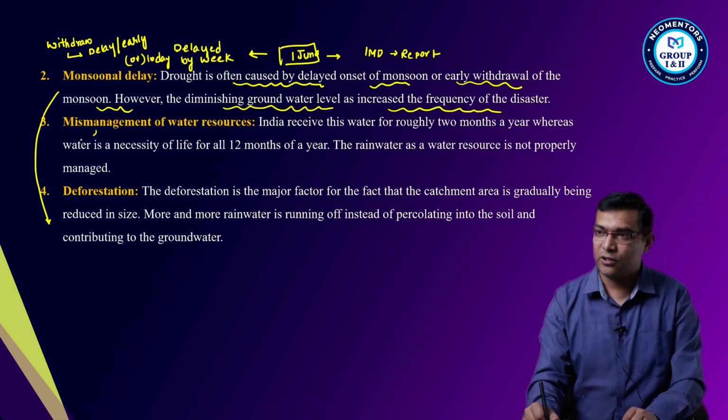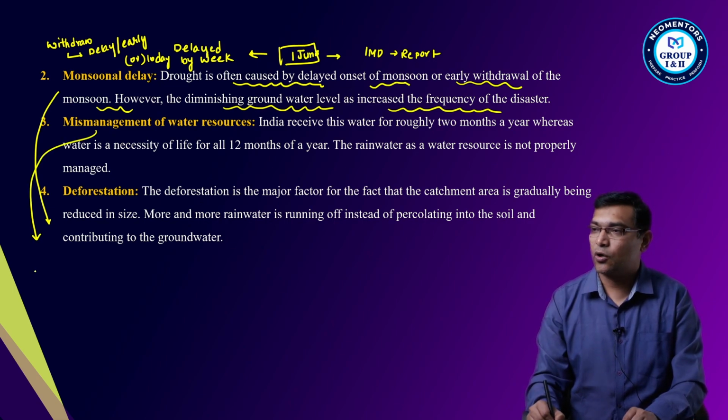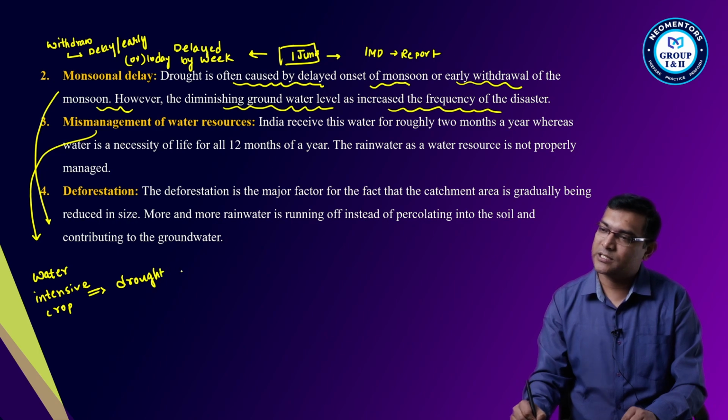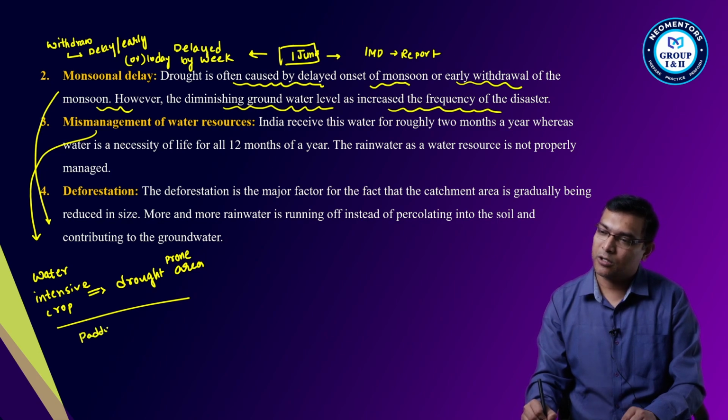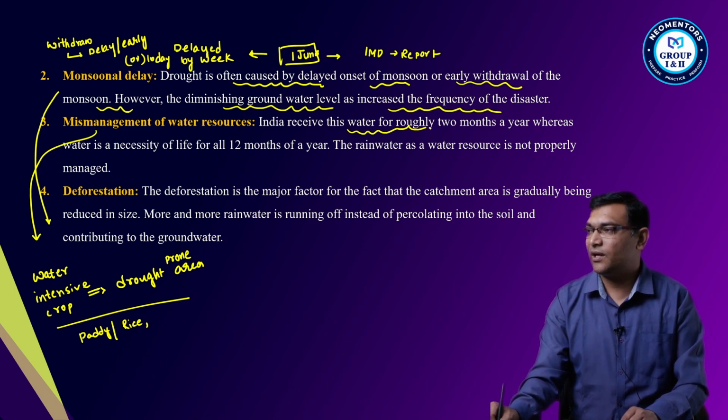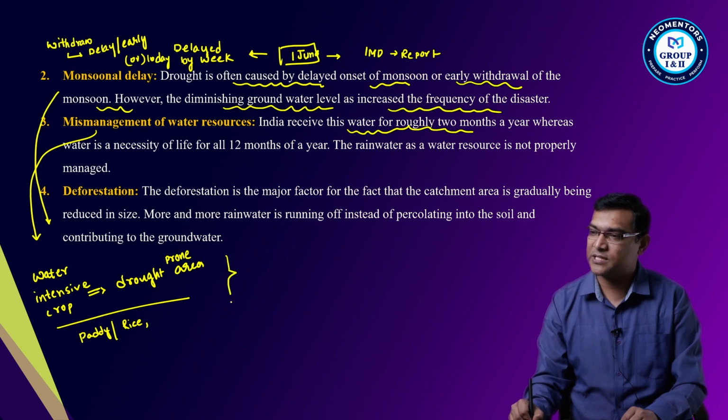Why does drought occur? Because of growing water intensive crops in the drought prone areas, like paddy or rice, wheat, etc. India receives water for roughly around 2 months, but the storage capacity is not there.